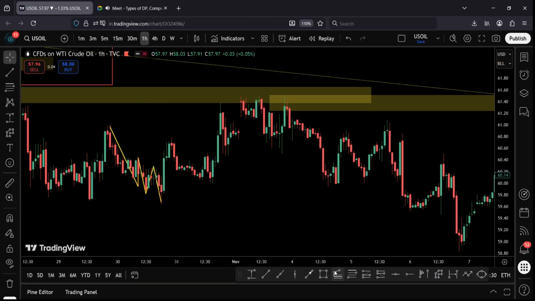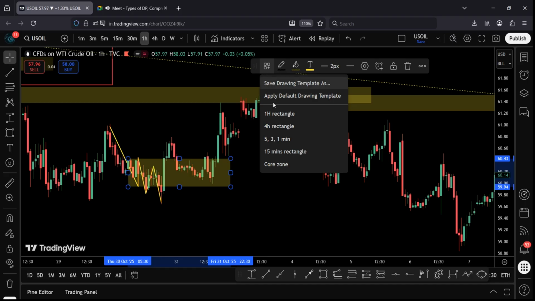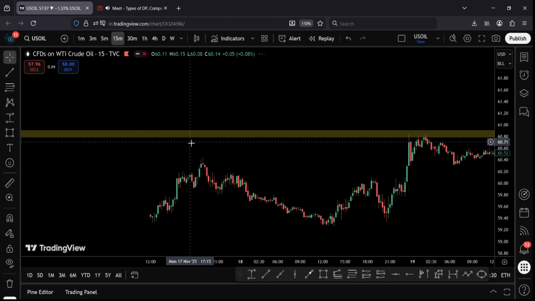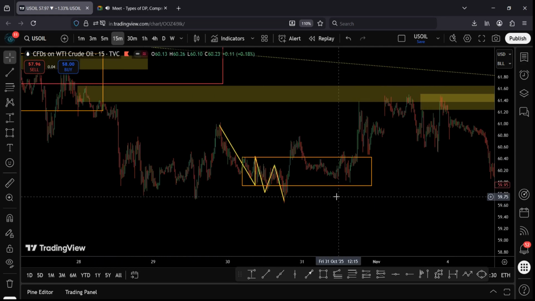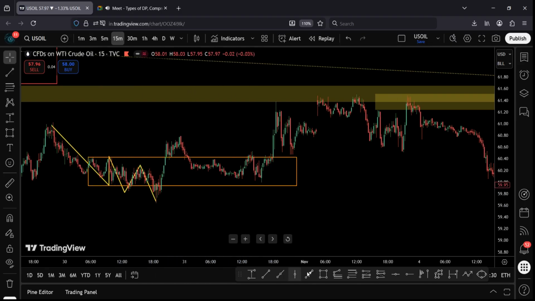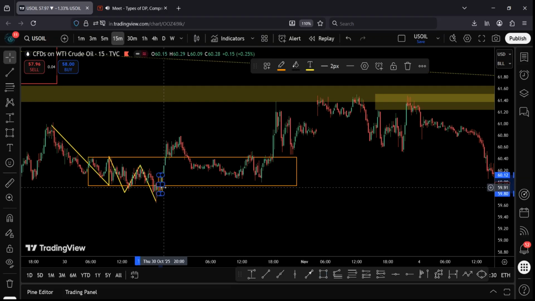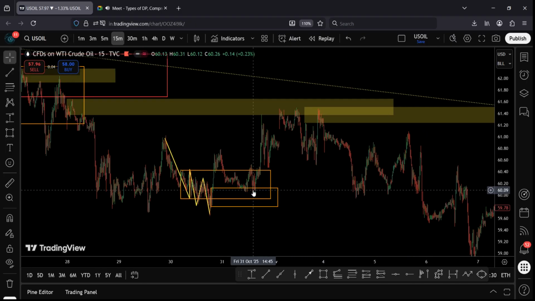Okay. What is this? Okay. On 15 minutes we will see this like this. Yes, on lower time frame you can see this. The price came here. This will be our entry like this. Okay, and you can trade to this.